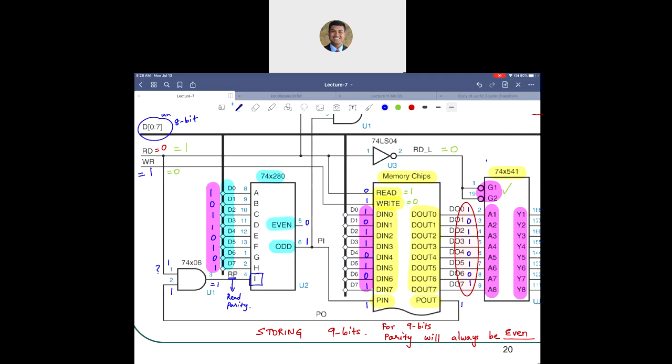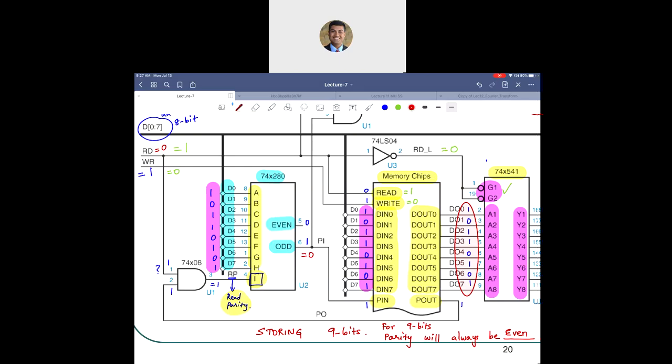You have odd parity here, right? You have odd parity here. With this as 1, you have even parity. If you have even parity, because we always stored even parity, this guy will be 1. Oh, sorry, this guy will be 0, right?